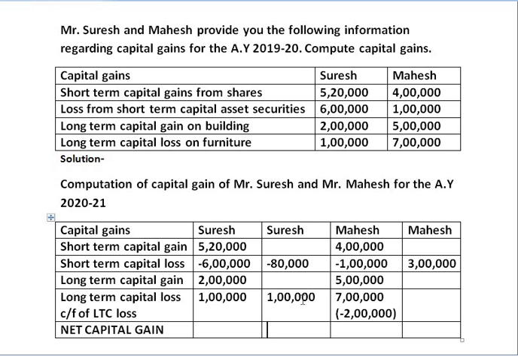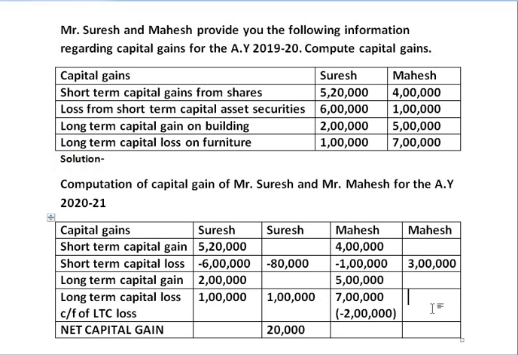Short term capital loss can be set off against the long term capital gain, but long term capital loss cannot be set off against short term capital gain. Now take down, in case of Suresh, the net capital gain comes to 20,000.